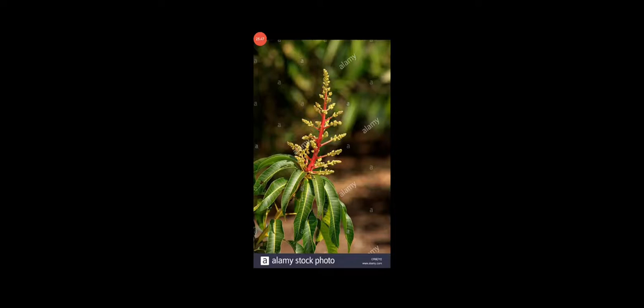Dear students, see the diagram. This is the mango inflorescence. The central axis is the inflorescence axis, which possesses branches on the lateral side. Both the main axis as well as the lateral branches are arranged in acropetal succession. See, on the main axis, at the base there are mature branches, and growing towards the apex, young branches.